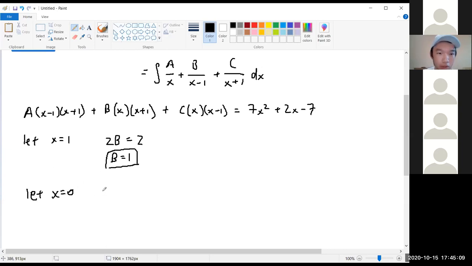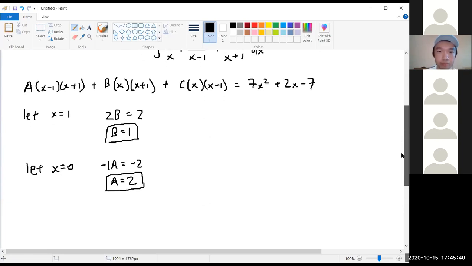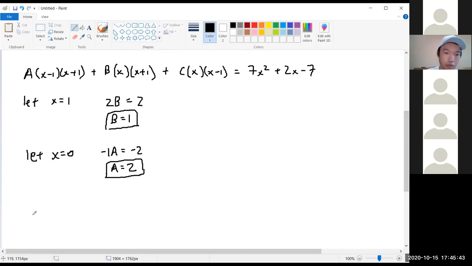So that will leave you with negative 1a is equal to 7 minus 2 minus 7 minus 2. So a equals 2. I think that's right. Okay, and then what's another value of x we can use?